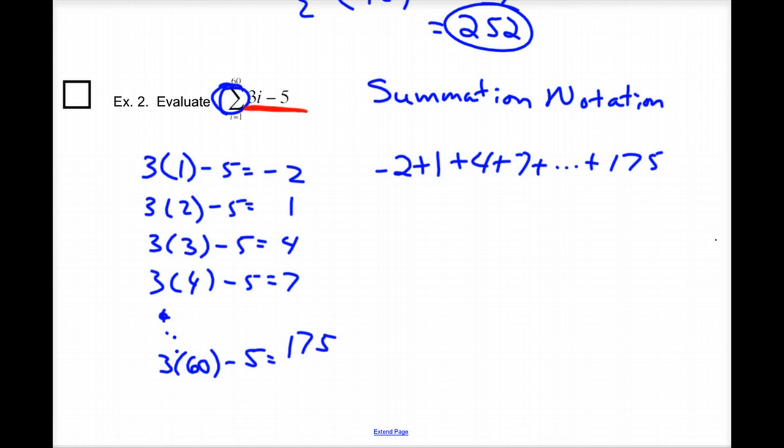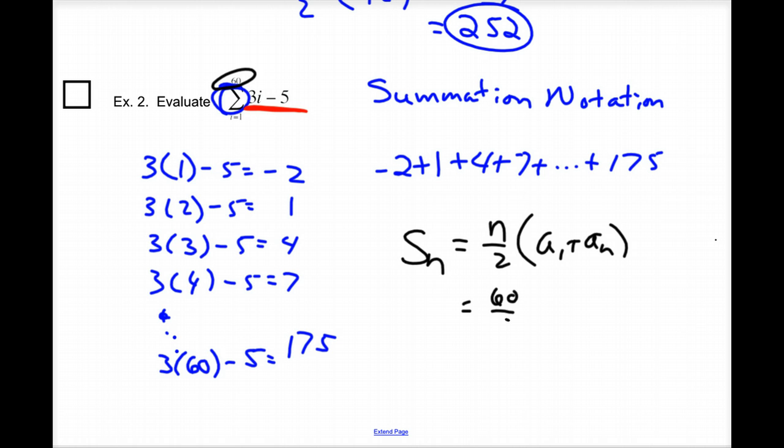Well, we just need to plug into our sum formula from above. What's n? N is the number of terms, and that was given to us. This is 60. A1, the first term, would be -2. And A sub n is the 60th term, the last term, which is 175.